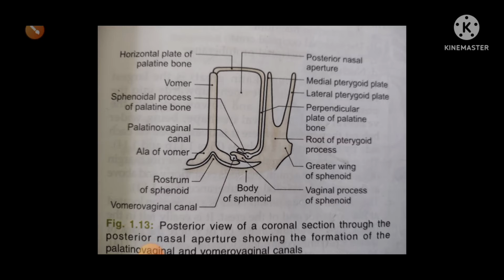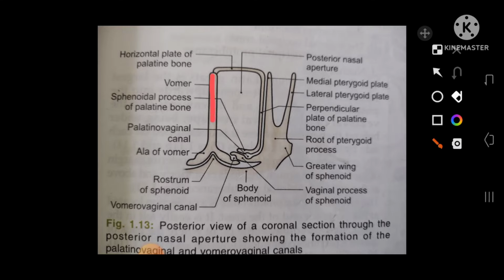So here you can see from the picture, this is the vomer which splits into two ala. This is the rostrum or body of sphenoid, and this is the sphenoidal process. Okay, so in this picture you can see this ala has a C-shaped notch, and this is the extension from the sphenoid, which is called the vaginal process of the sphenoid.